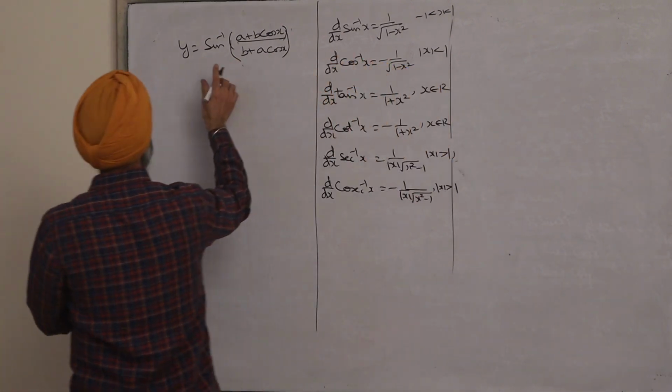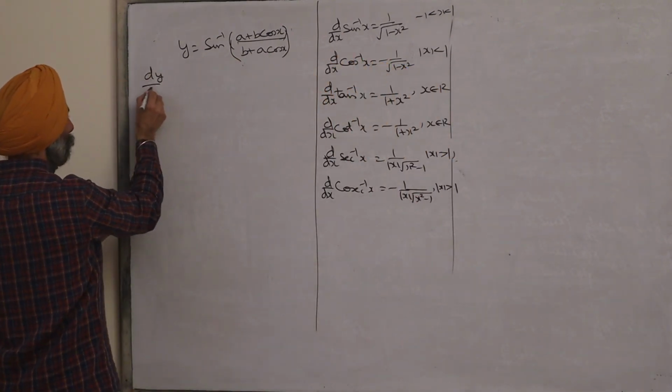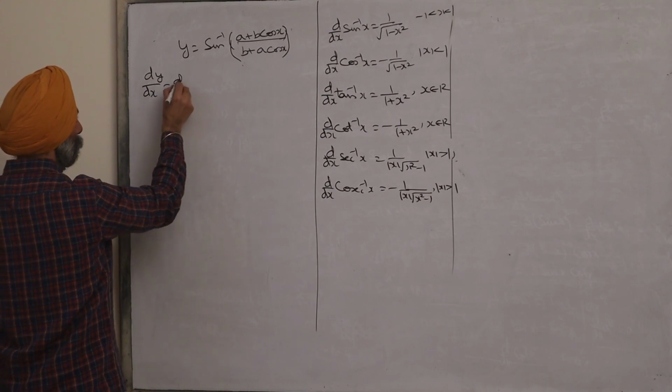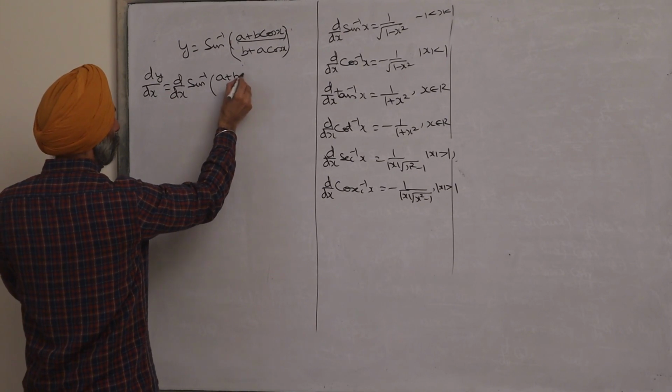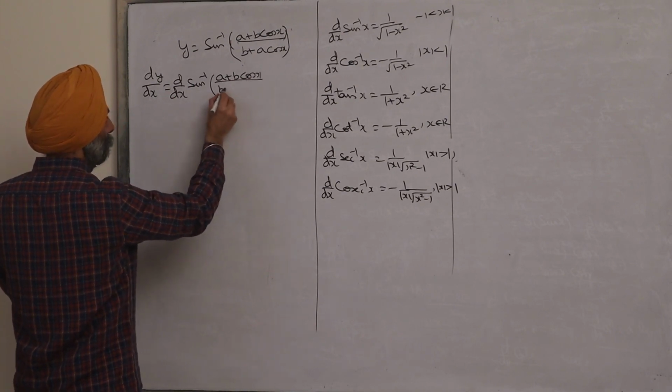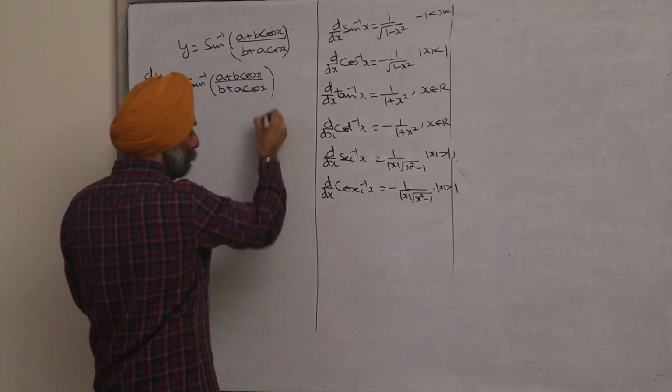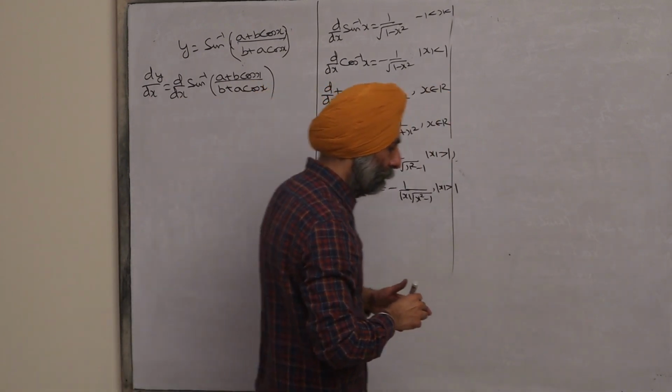So coming to this question, can I write dy over dx is equal to d over dx of sine inverse of a plus b cos x upon b plus a cos x.